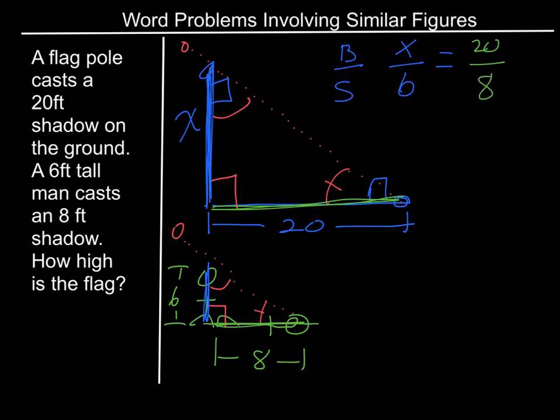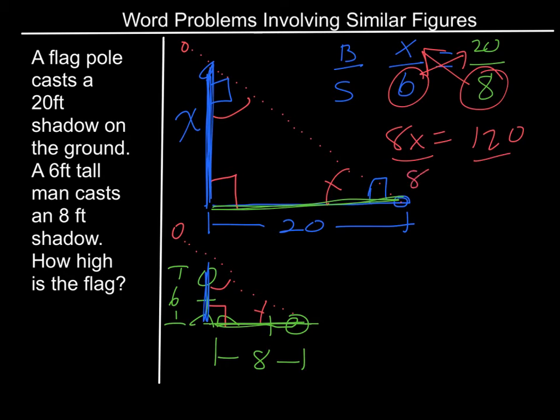Now I have my proportion set up. I cross-multiply, so I get 8x is equal to 120. Divide both sides by 8, and I get x is equal to 15. So that means the flagpole must be 15 feet high.